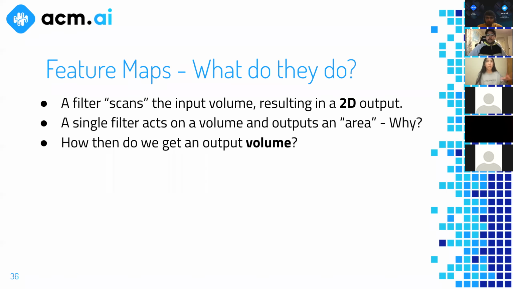Even though the input layer might have a depth of 3, if you apply one filter on it, the feature map produced is going to be 2D rather than having multiple dimensions. The only way we get the depth that we need for a convolutional layer is when we apply multiple filters on top of the input layer and then stack them on top of each other to get that 3D output.